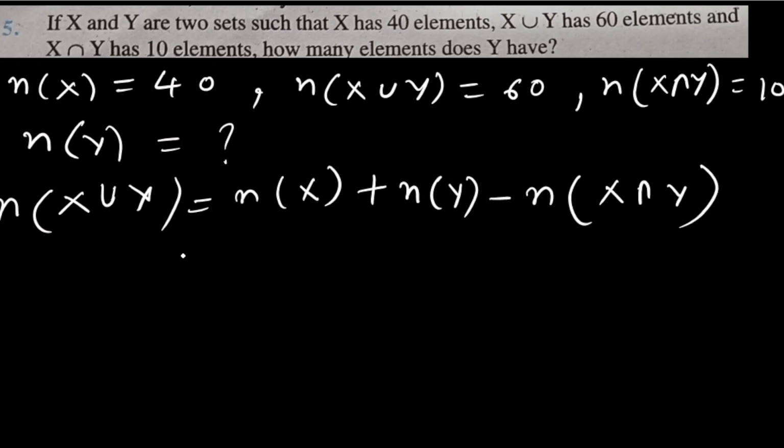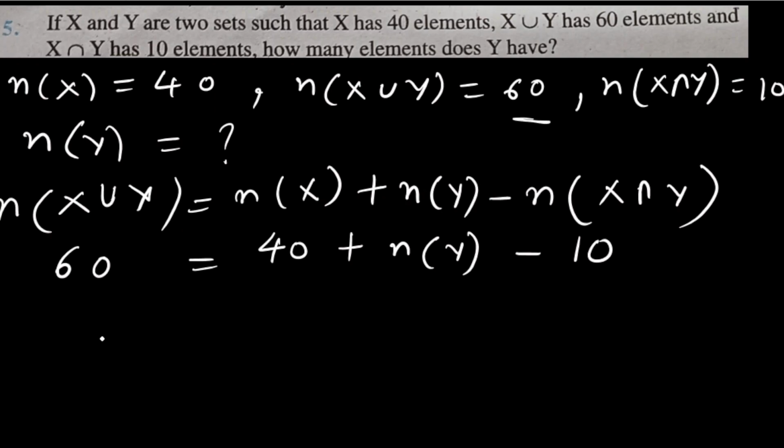First of all, let's substitute all the values. X union Y's value is given to us as 60. Here I am substituting n(X) as 40, plus n(Y), let it be like this, minus the intersection value, 10. So let's solve this. 60 is equal to 40 minus 10, which is 30, plus n(Y).